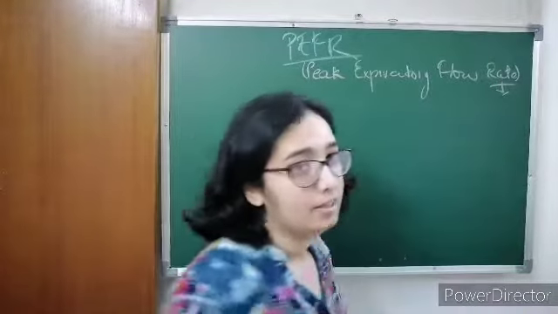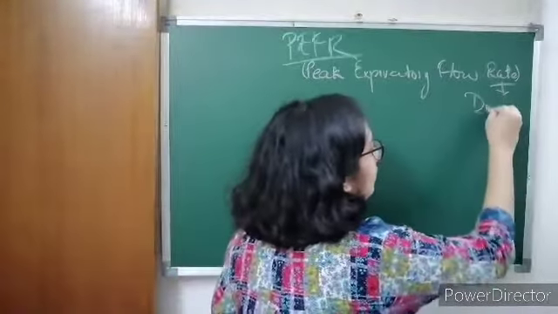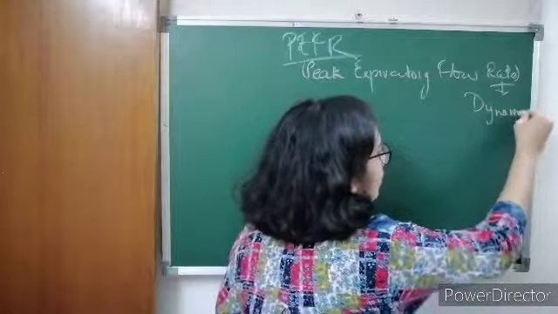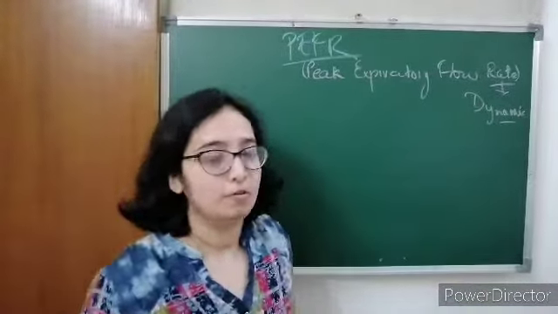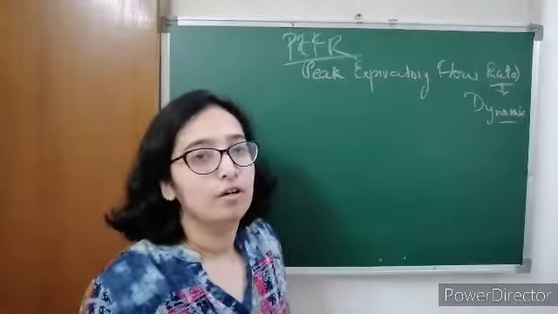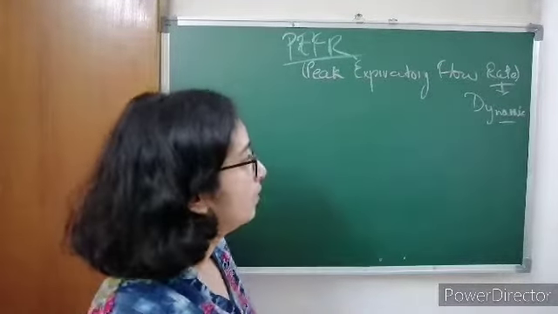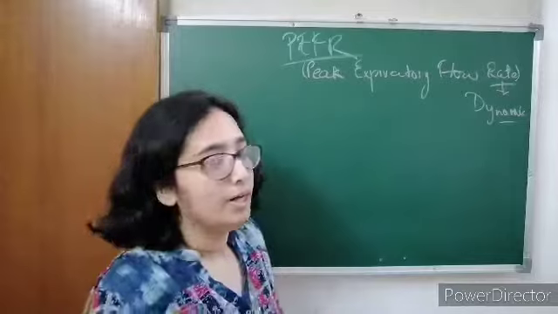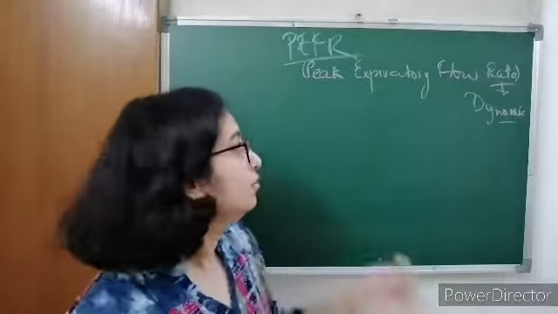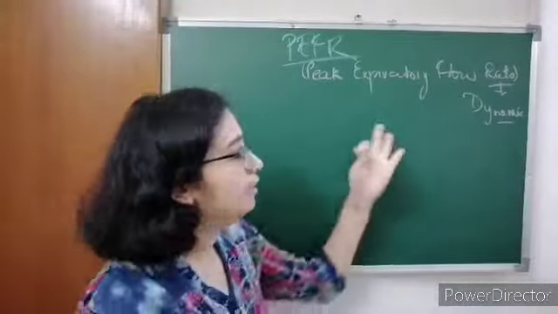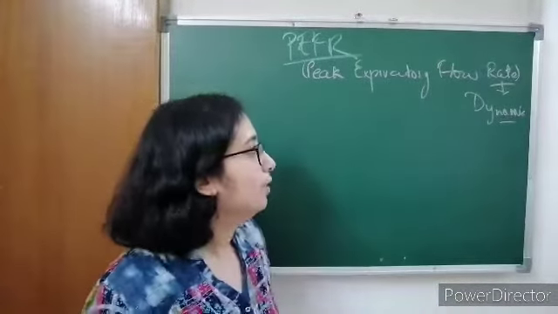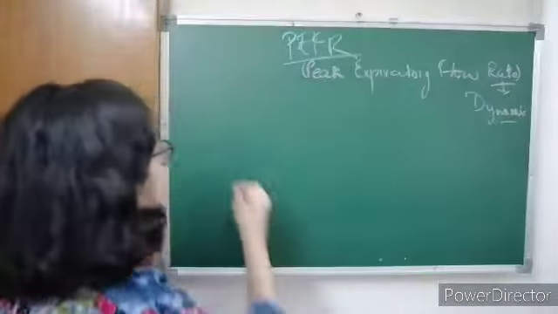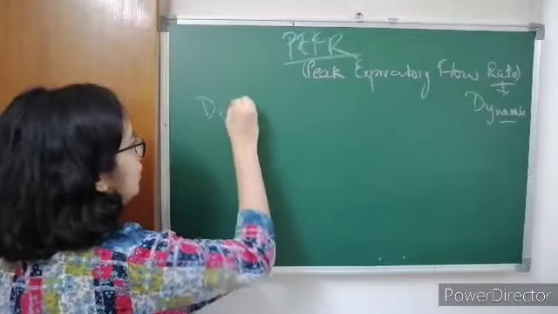Rate, as you can see, it is dynamic. Okay, rate will be dynamic. As we know, static is a measure of amount, dynamic will be the measure of rate. So PEFR will be a dynamic pulmonary function test, that is peak expiratory flow rate. So what is that? Definition we will see.